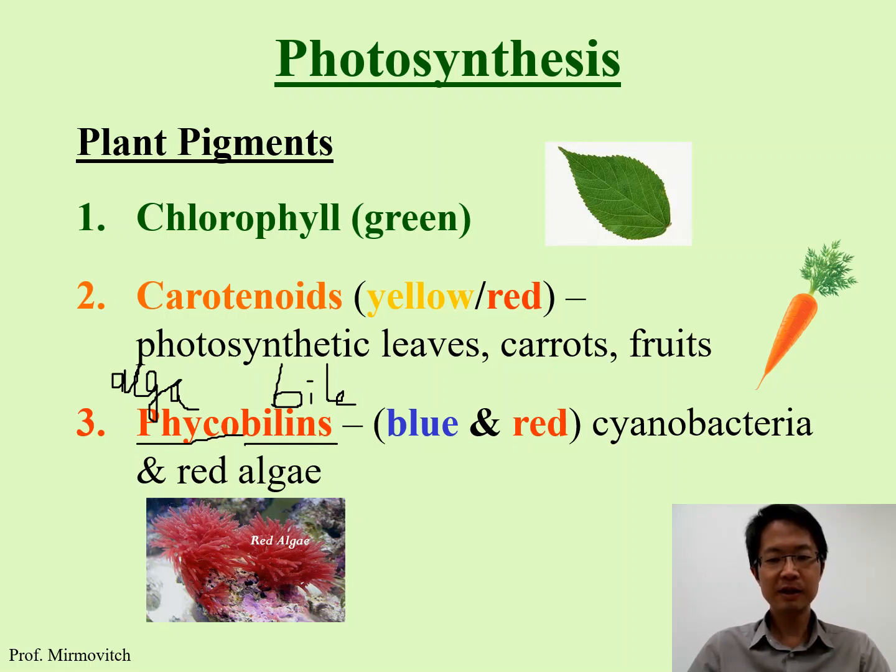And in cyanobacteria, they are kind of blue or green. So cyanobacteria has a different name. It's called blue-green algae. Because their color is kind of blue or green, but red algae are red in color.